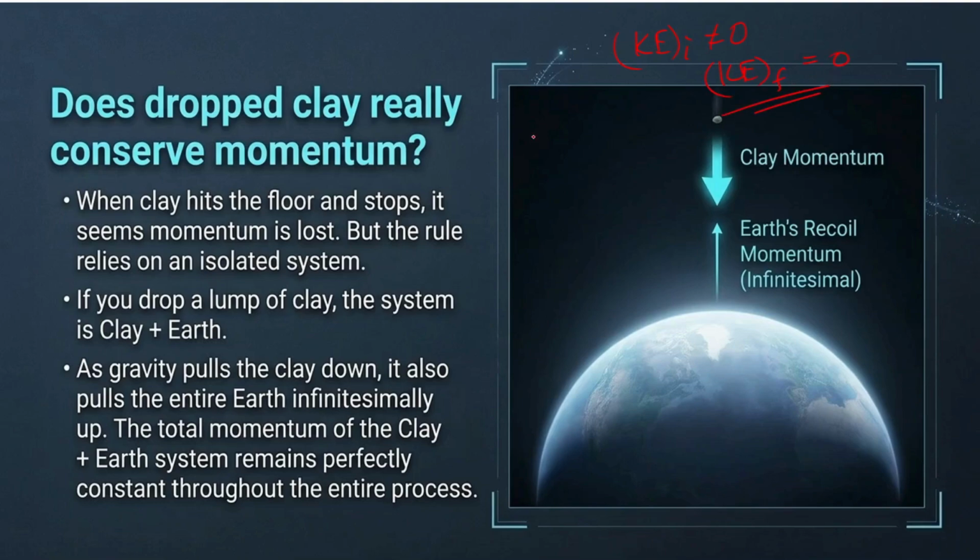So in this case, we have an inelastic collision, but we are wrong here. You might think that this kind of process violates the conservation of momentum. No, you are thinking in the wrong way. The key here is the isolated system.